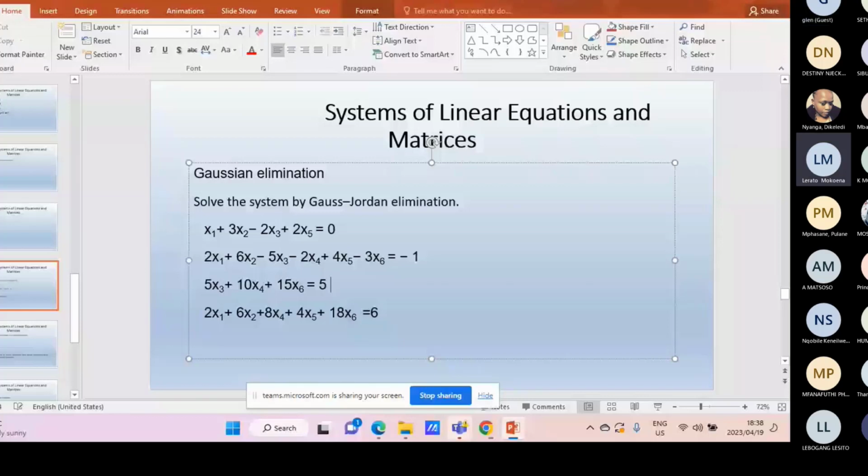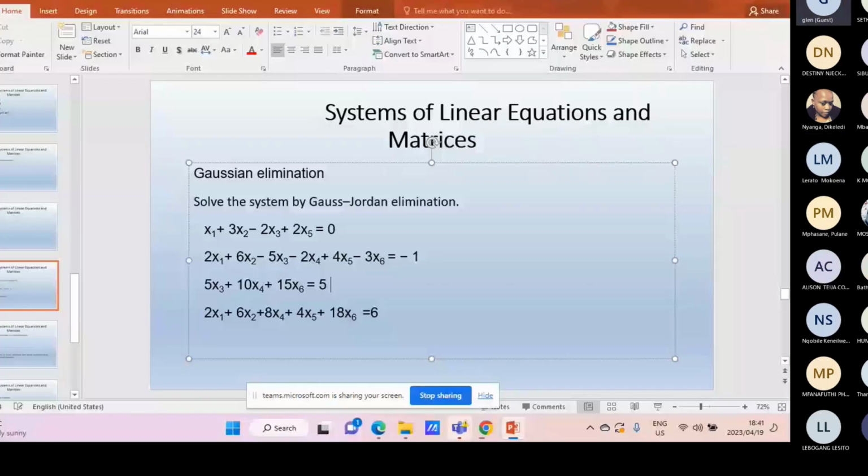Are we together, Lerato? Yes, once. You can interchange rows, not part of a row. You are interchanging entire rows. And you can also interchange columns, not part of a column, but entire columns. Meaning you can swap them just like that, but only once. Am I clear, Lerato? Yes, sir.